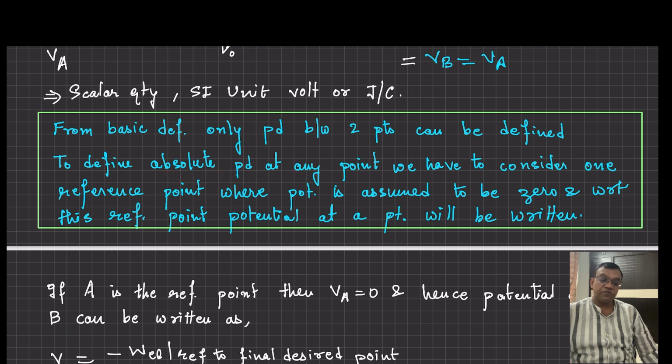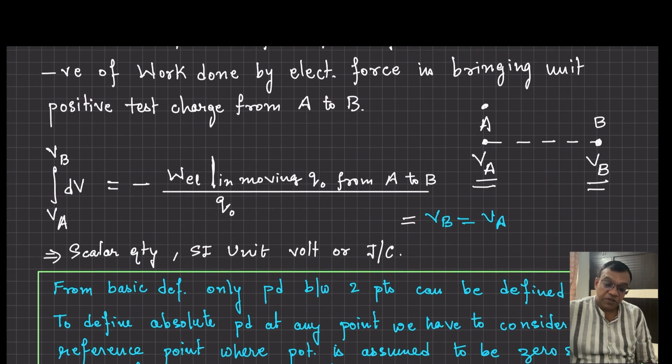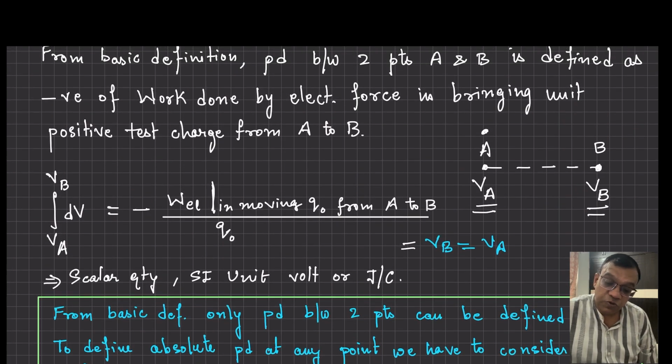If you want to define the absolute potential, the potential at one point, then we have to consider one reference point. Say for example, if you want to define the potential at point A or at B, then you have to choose one point as the reference point.